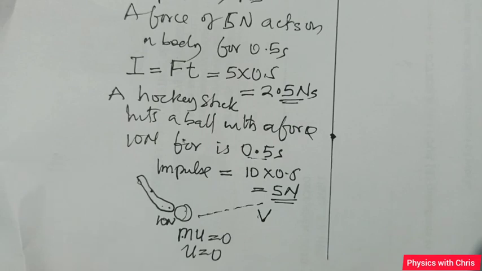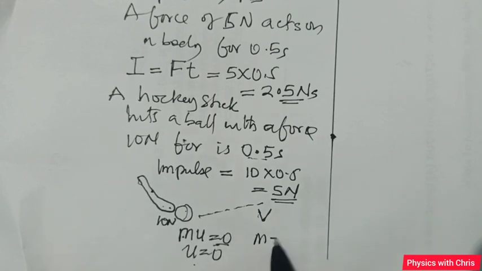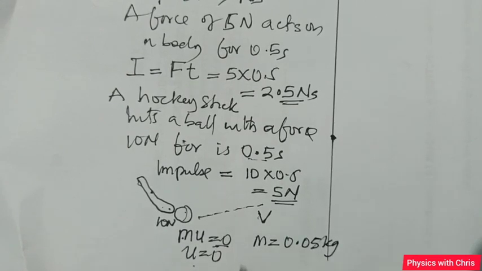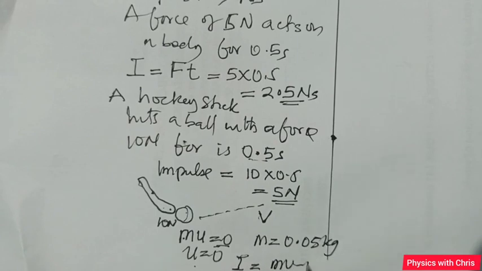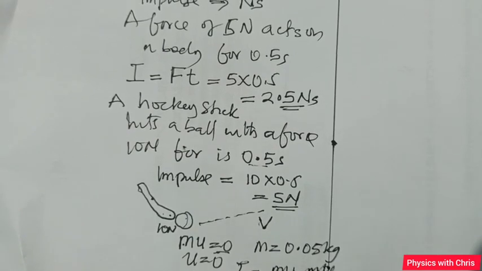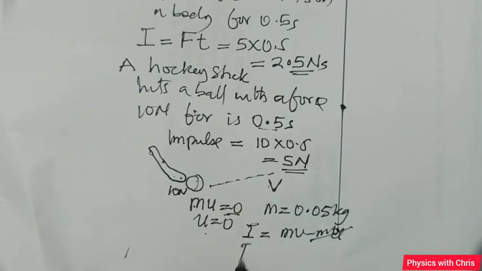So the impulse received by the ball will result in the change of momentum of the ball. It changes from 0 to a value which is non-zero. Given that the mass of the ball is 0.05 kilogram, the impulse received by the ball is equal to mv minus mu, and since the initial momentum is zero, the impulse received by the ball is mass times velocity.